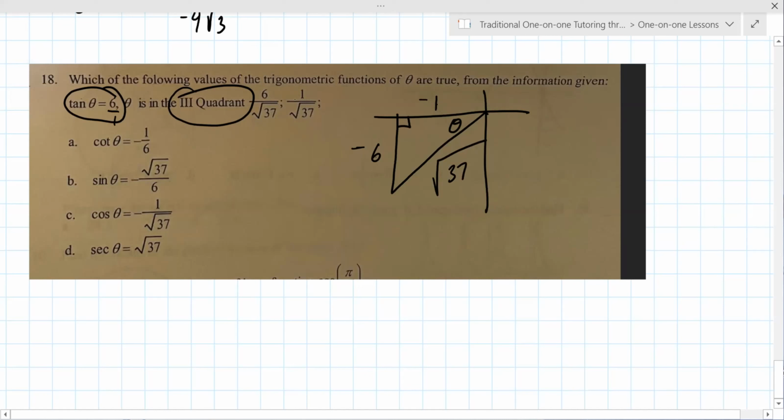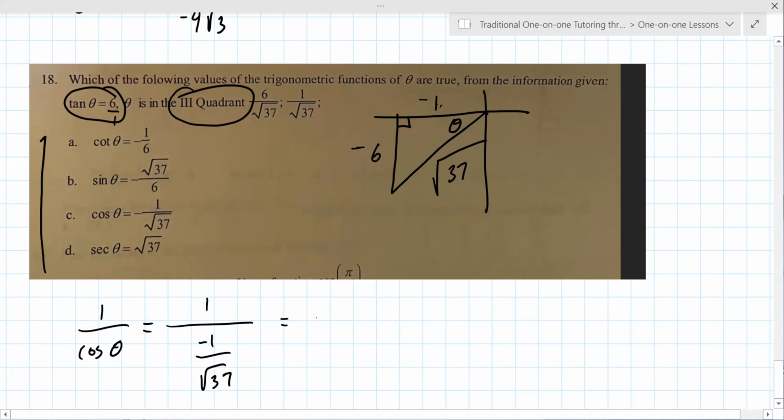Anyway, so again, which of the following, start at the bottom. Secant of theta is really 1 over cosine of theta. So cosine of theta is adjacent over hypotenuse, minus 1 over the square root of 37. So we can flip both. We can flip this on the right.